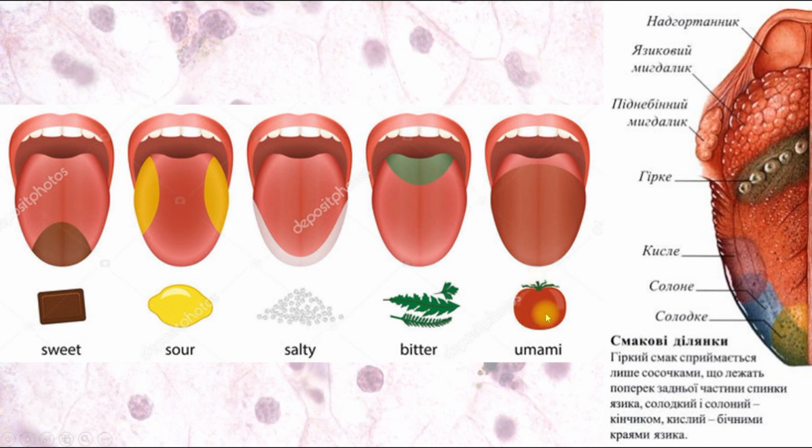For example, different polysaccharides have this type of taste. This type is called umami. And also this type of taste enhances all previous types of taste. So that's why it's described as a very tasty type.